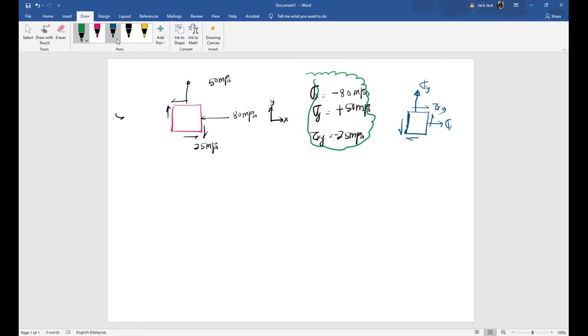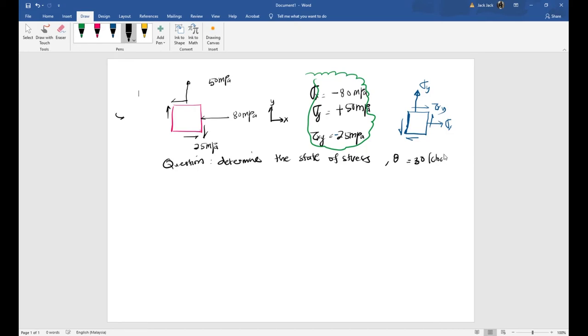the orientation of the new axis. So the question asks you to determine the state of stress of this element once the orientation of the xy axis, theta, is equal to 30 degree positive, or no, 30 degree clockwise.